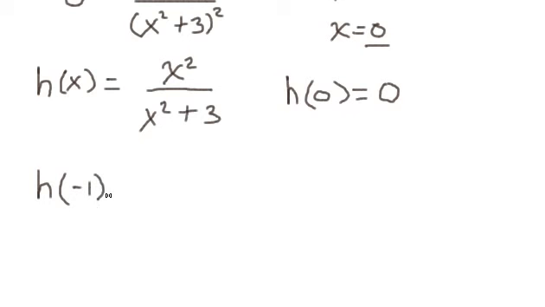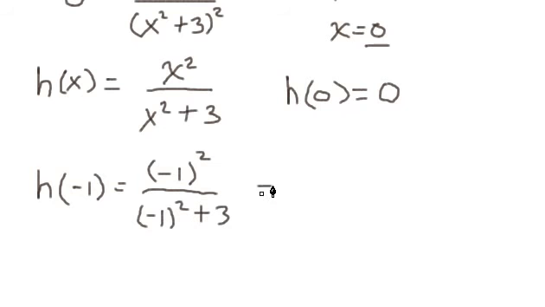So I'm going to plug negative 1 in. So we got negative 1 squared over negative 1 squared plus 3, and that's going to simplify down to, let's see, 1/4 it looks like. And then if I were to plug in, saving some time here, if I were to plug 1 into this, we get the same thing, right?